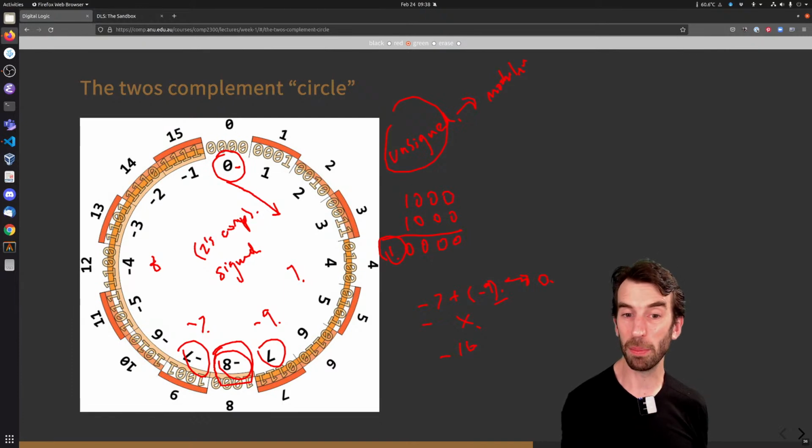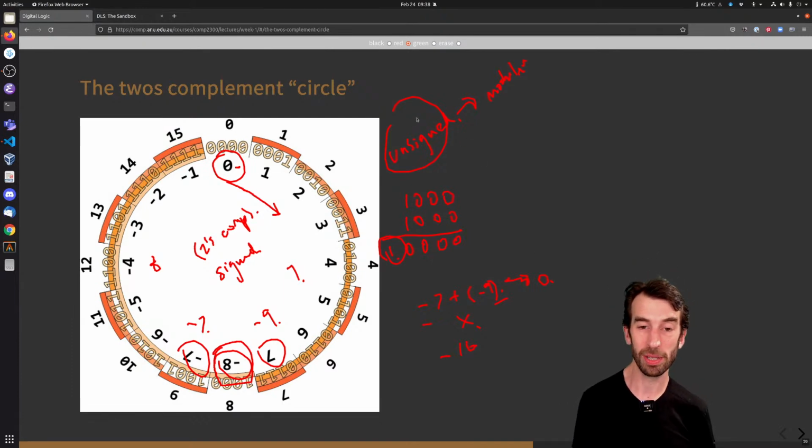That will always be a modular operation, because if you do 6 plus 6, the answer will be 6 plus 6 mod 16, because we're always going around the circle. So 6 was a bad number because it's not going to overflow.